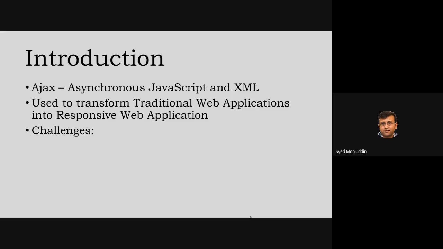Now, developing asynchronous JavaScript and XML, or Ajax, is not easy. The very first thing, it has its own programming complexity. That is, the request we try to send to the server has to be processed properly and then returned back to the user. Now, there are certain network issues as well.